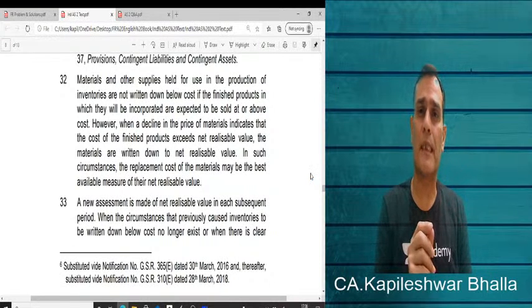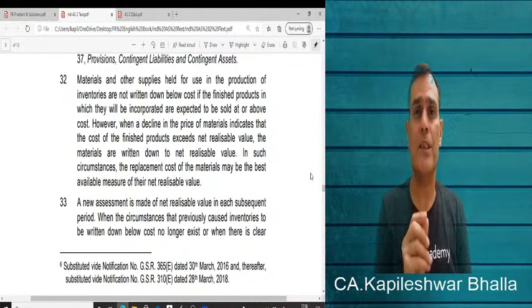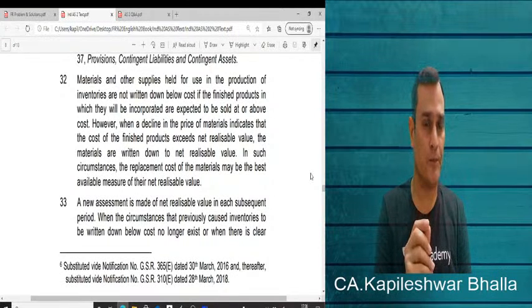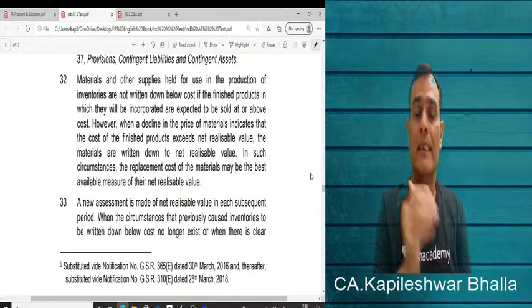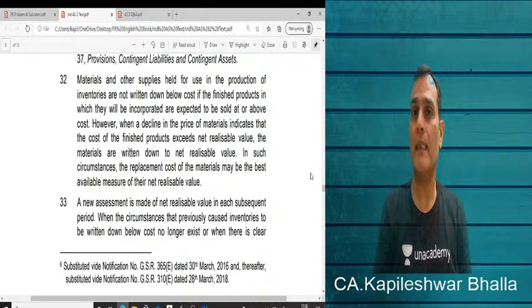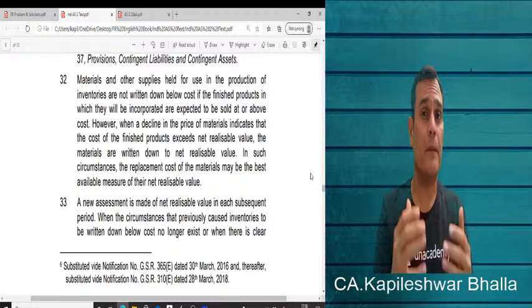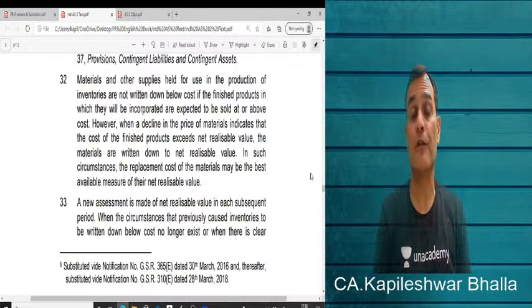In simple words, I can say valuation of raw material depends upon the FG valuation. When it says if the FG in which they are incorporated, that is very clearly indicative that your valuation of the raw material is purely dependent upon the valuation of the finished goods.